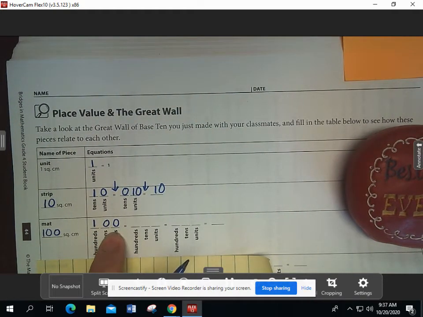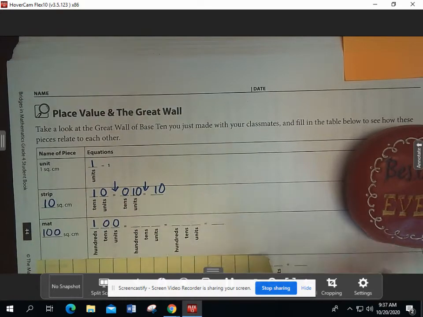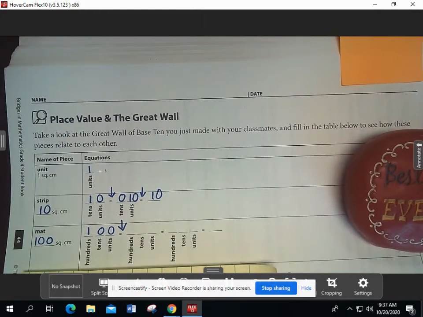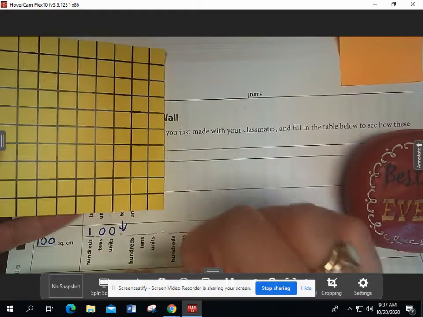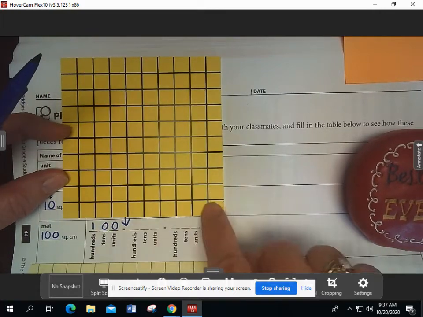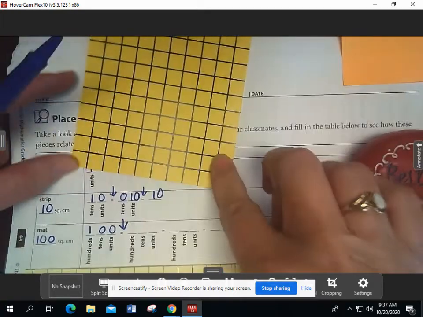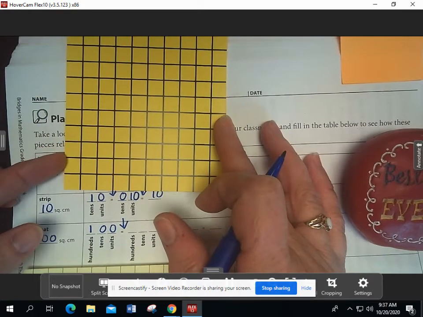This is 100. That's what it says here. Huh. Look at that, 10 and 10. Now, if I would get my scissors out and cut this into strips, because the 10s are the strips, I wouldn't have any hundreds left because this wouldn't be one solid block anymore, would it?